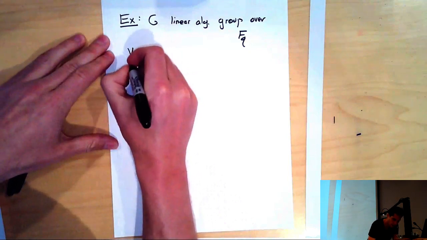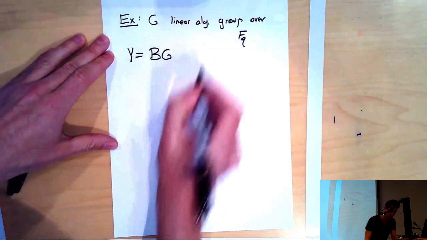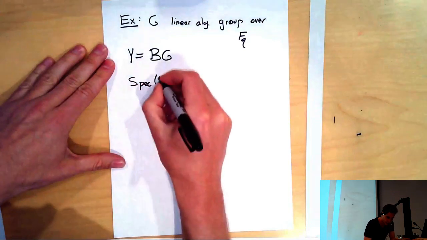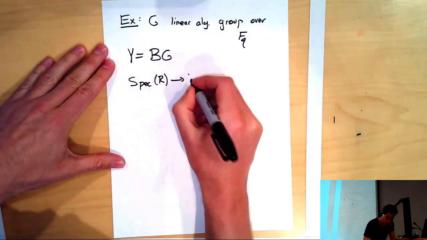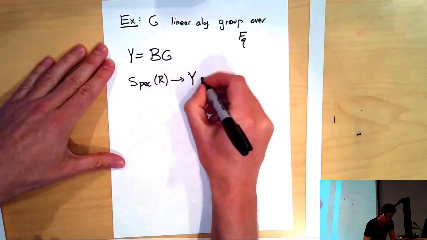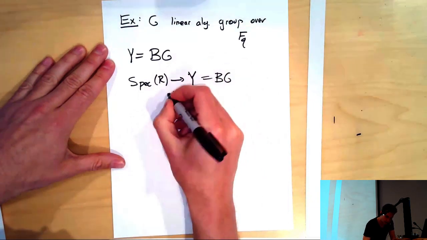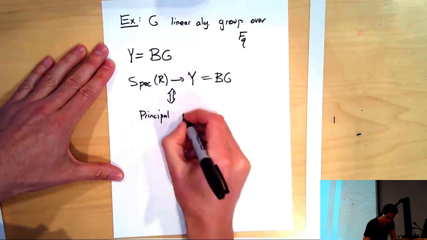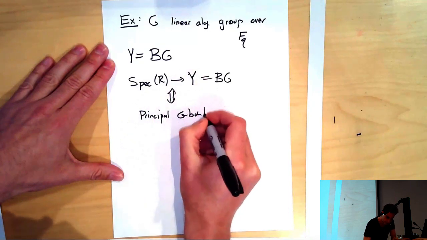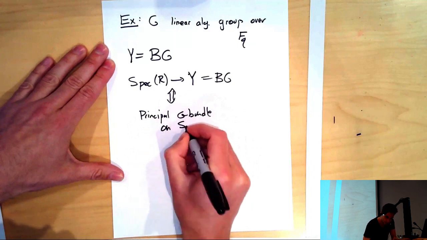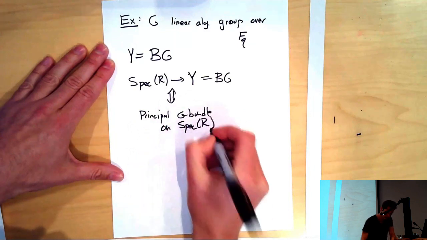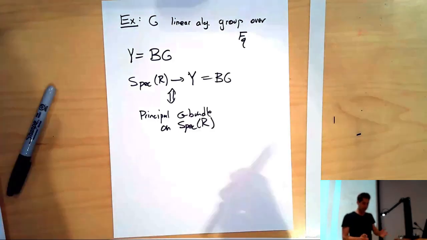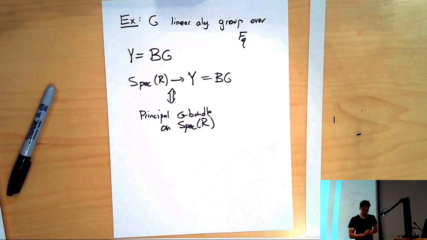And I'm going to take Y to be what's called the classifying stack of G. What that means is that giving an R-valued point of Y is the same data as giving a principal G bundle on spec R. Here R is any FQ algebra. And this is essentially the definition of what it means to be BG in algebraic geometry.